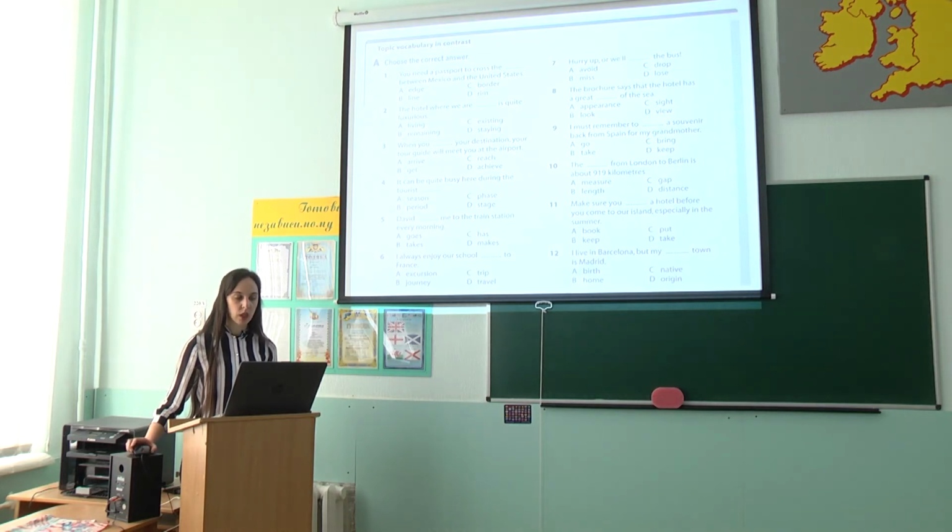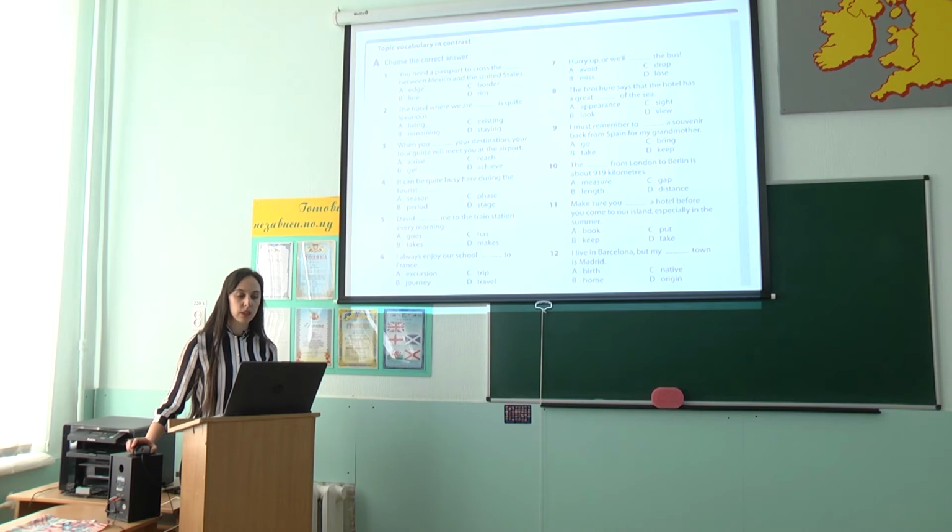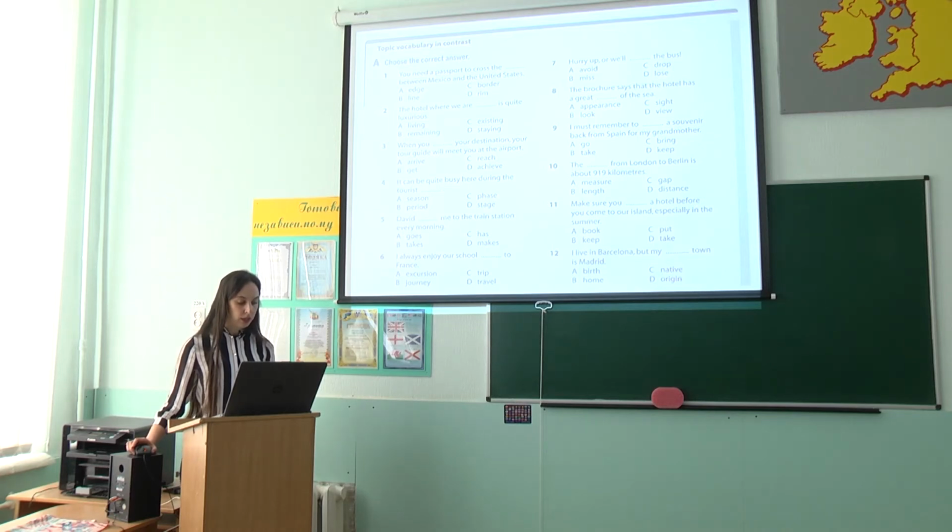How to do this thing? We need to know how to use all these synonyms and with which words the synonyms collocate, and also we need to know the difference between them, because if we translate, they are almost the same, but still they are different. So how to do this? If we find the meaning of the word edge, it says that edge is part of something that is far from the center.